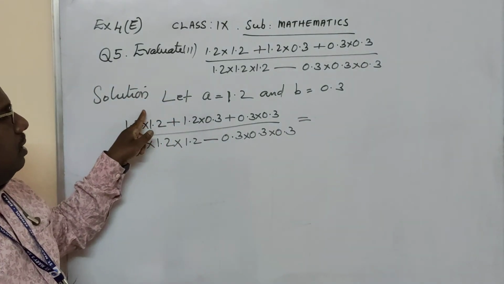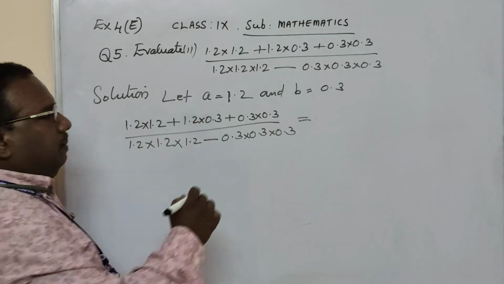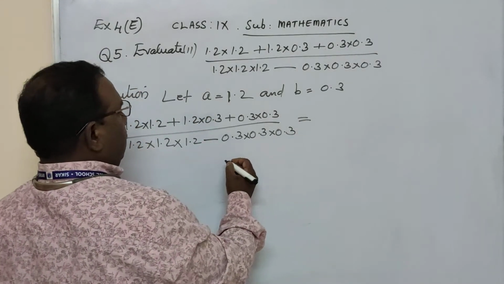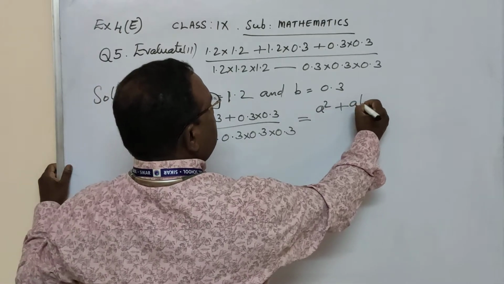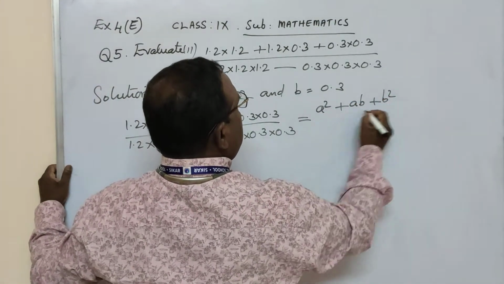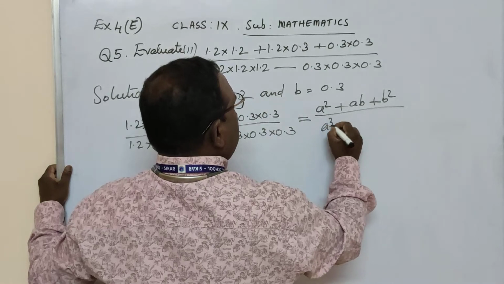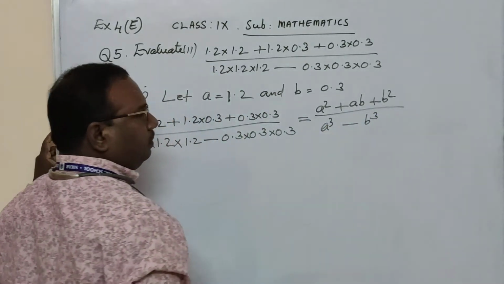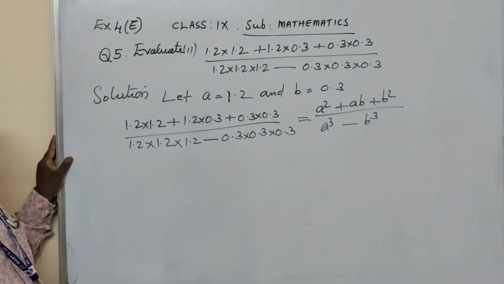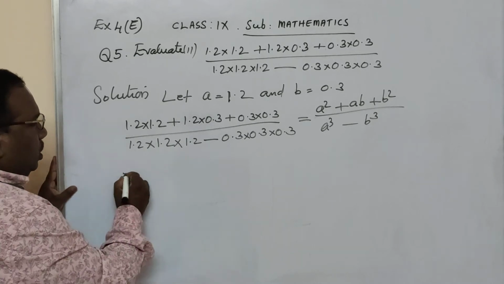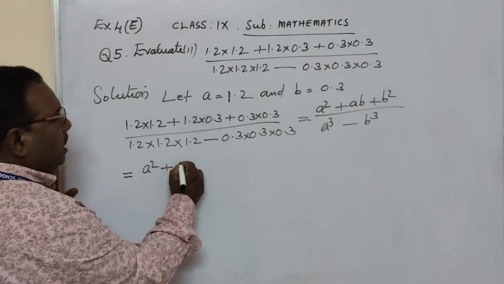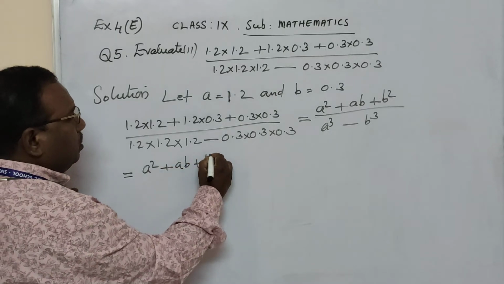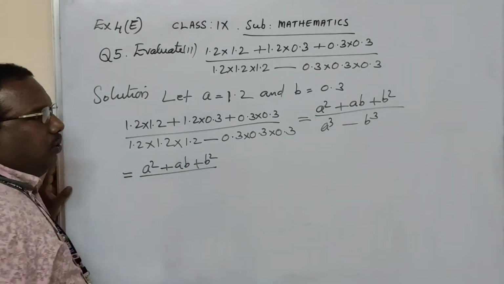Becomes A square plus AB plus B square divided by A cube minus B cube. Now, this is equal to A square plus AB plus B square divided by, and you know the identity.